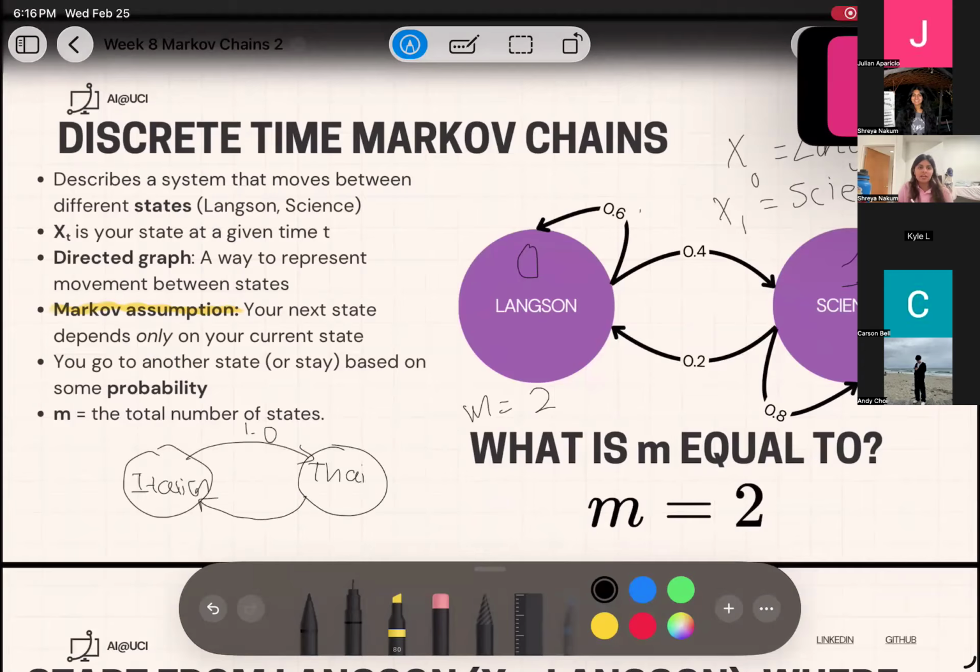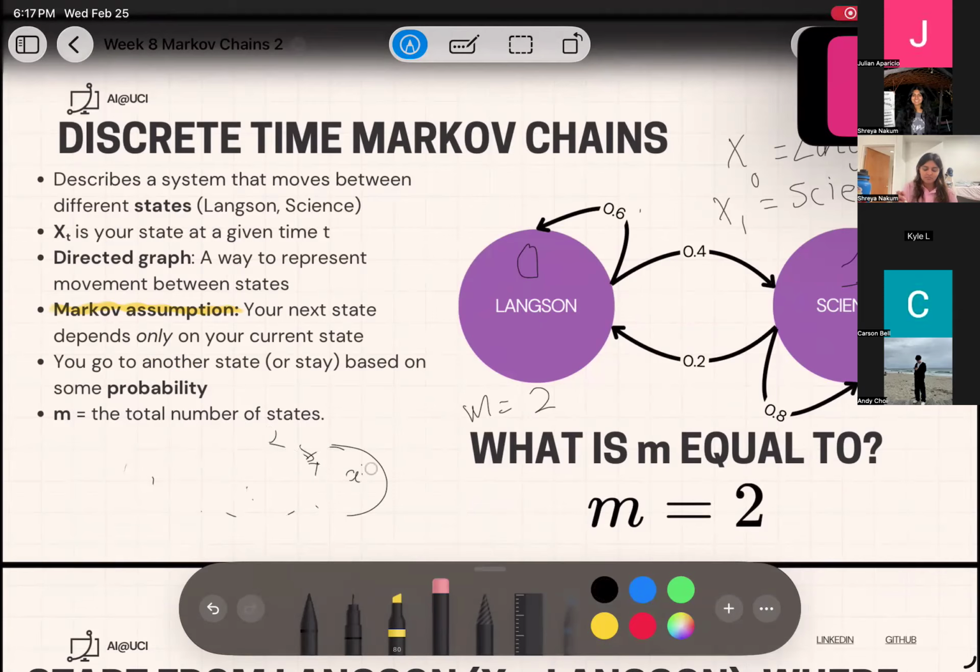The probability you're gonna have Italian tomorrow if you had it today is 0 because you don't want to eat the same food 2 days in a row. So that would be a graph like this where it's just cyclic. You're gonna go to Italian and Thai food every single time. Makes sense.